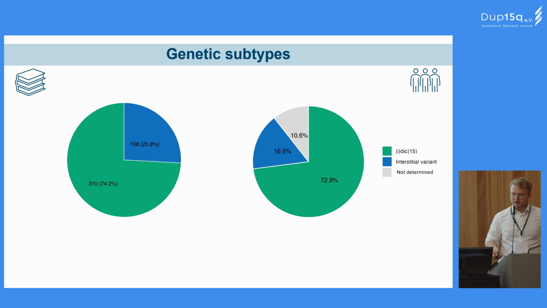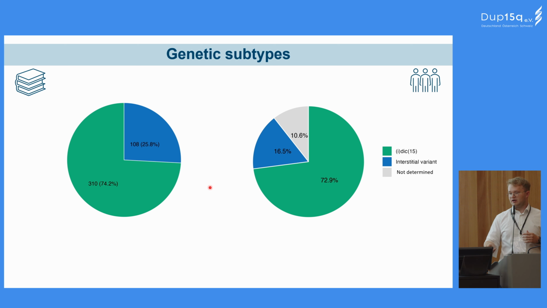If we look at the different genetic subtypes within both cohorts, we can see that a majority of cases have an isodicentric chromosome 15, that's the green ones. In about 20%, we can see the interstitial variants, which is also in line with the estimates from the literature.